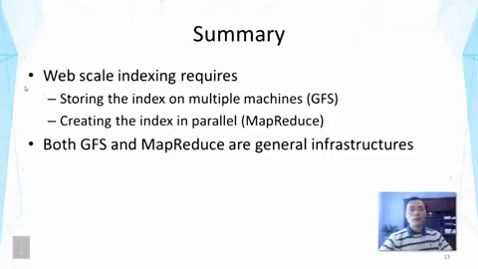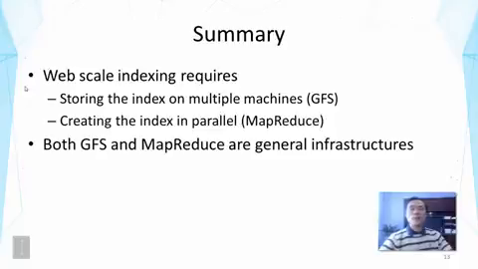So to summarize, web scale indexing requires some new techniques that go beyond the standard traditional indexing techniques. Mainly, we have to store the index on multiple machines, and this is usually done by using a file system like the Google File System, a distributed file system.